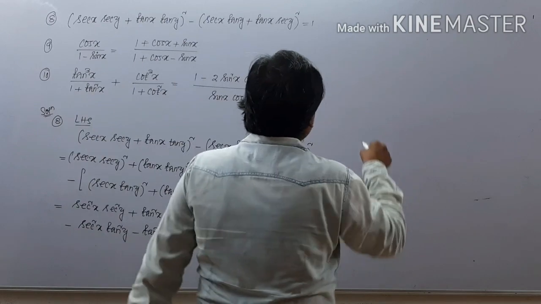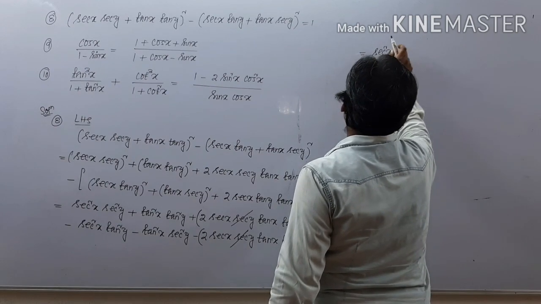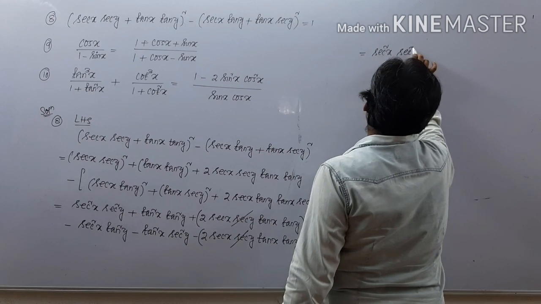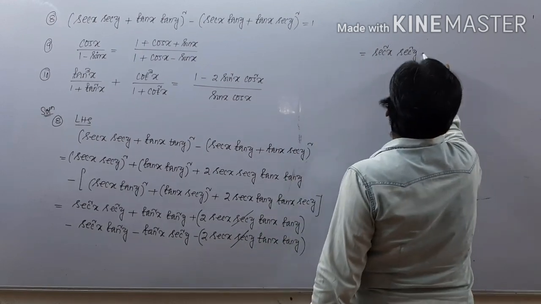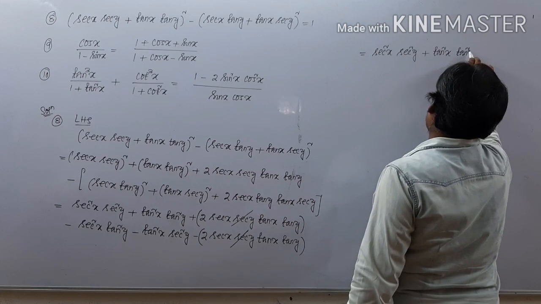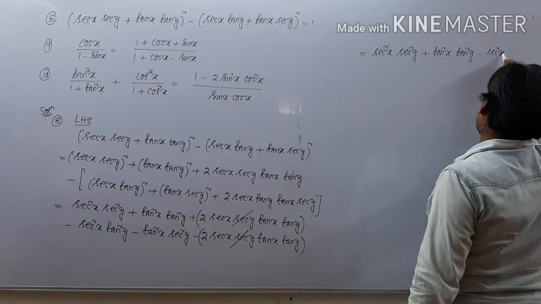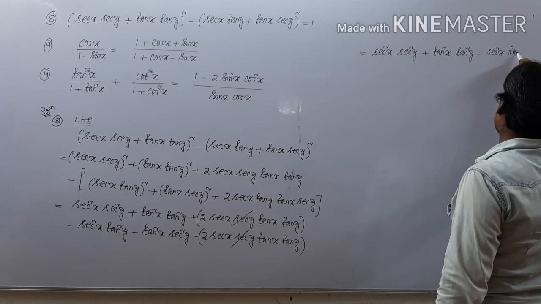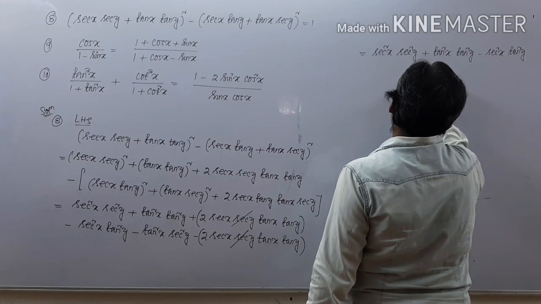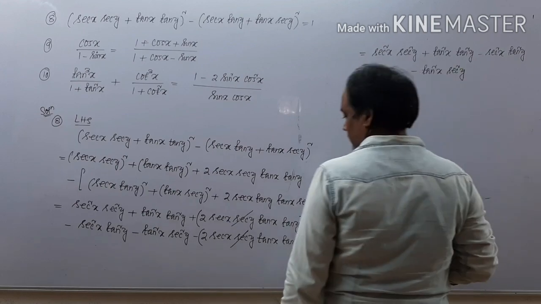So what is the remaining here? The remaining terms are, see that, sec square x into sec square y plus tan square x into tan square y minus sec square x tan square y minus tan square x sec square y.